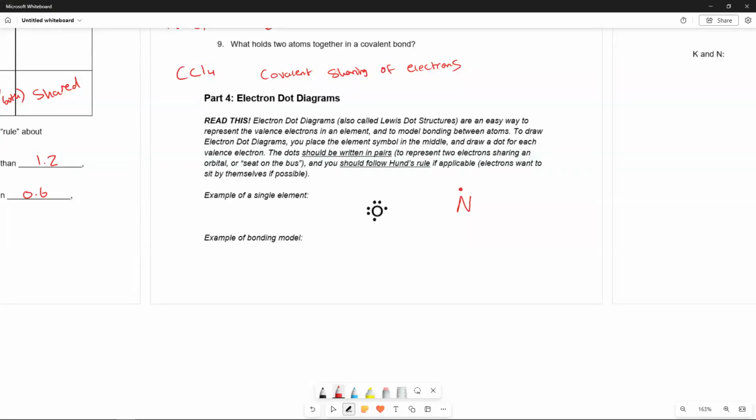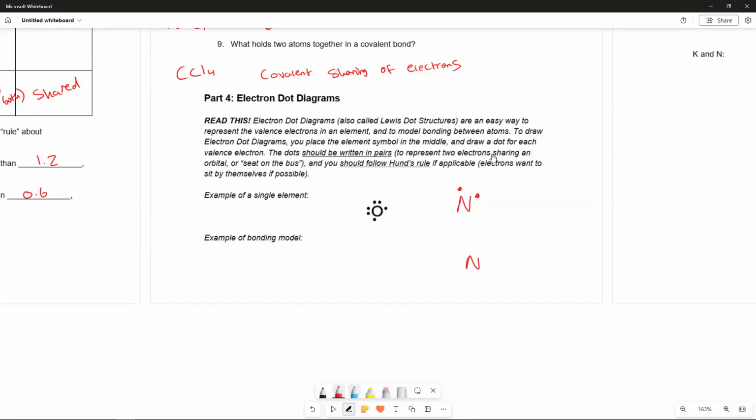You draw a dot. It doesn't matter where; you can start here, you can start here, you can start like here. But I start from the top because that's the most logical thing to do. Nitrogen, 5. You're drawing 5 dots. 1 dot here, and then you can't draw it here. You have to draw it here. Why? Because you need to give one to each side.